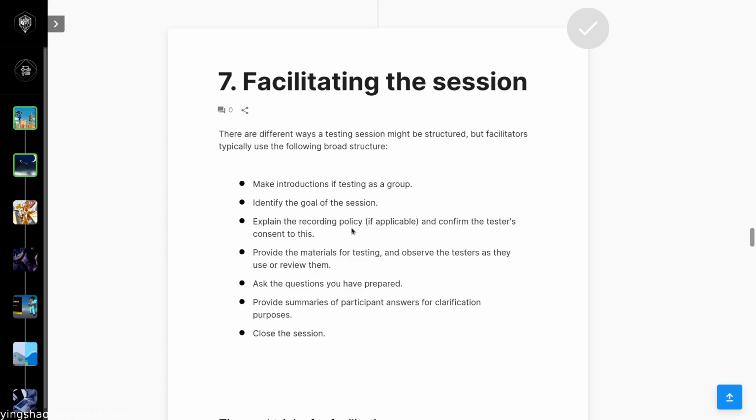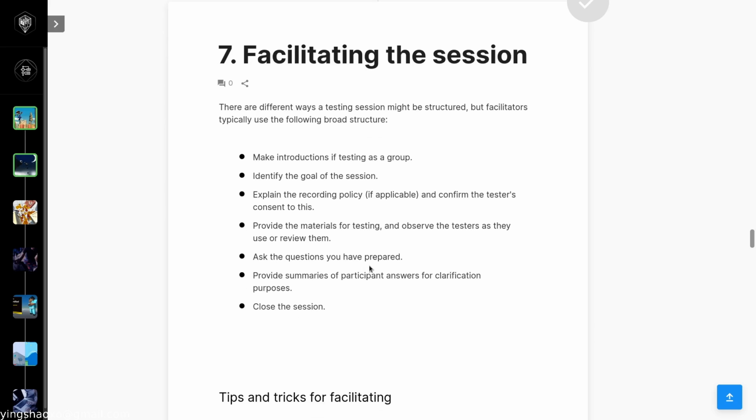Explain the recording policy and confirm the tester's consent to this. Provide the materials for testing and observe the testers as they use or review them. Ask the questions you have prepared. Provide a summary of participant answers for clarification purposes.